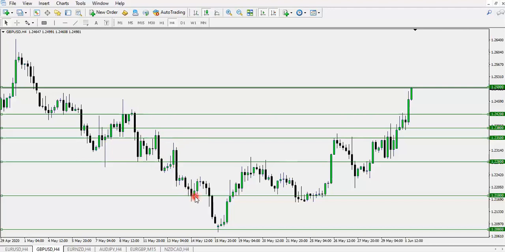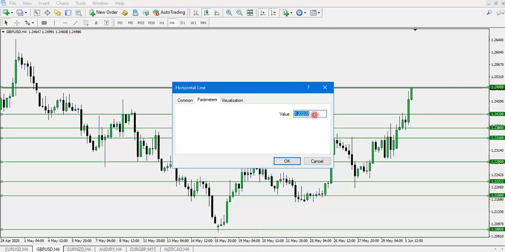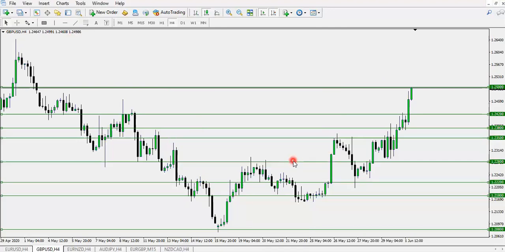Some reaction off our 800 level over here, back up briefly, and if we just see here that this price here is also an institutional level.